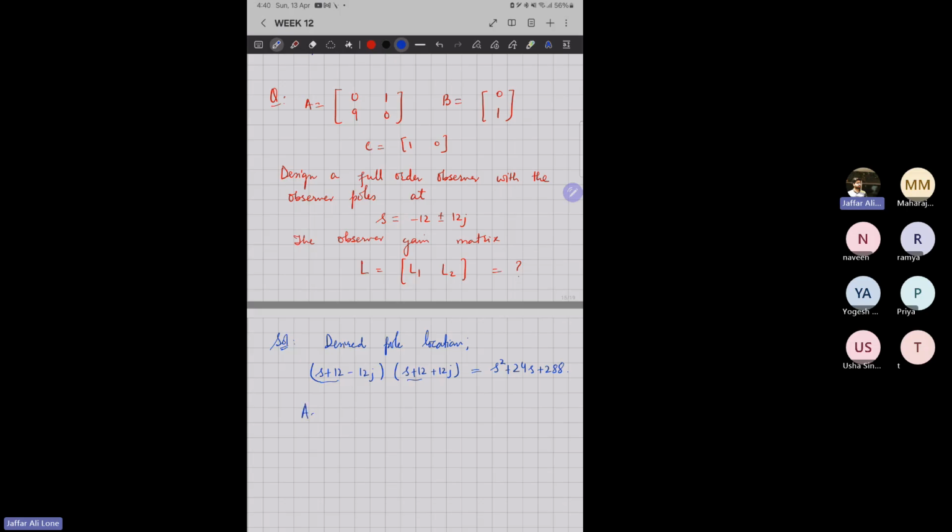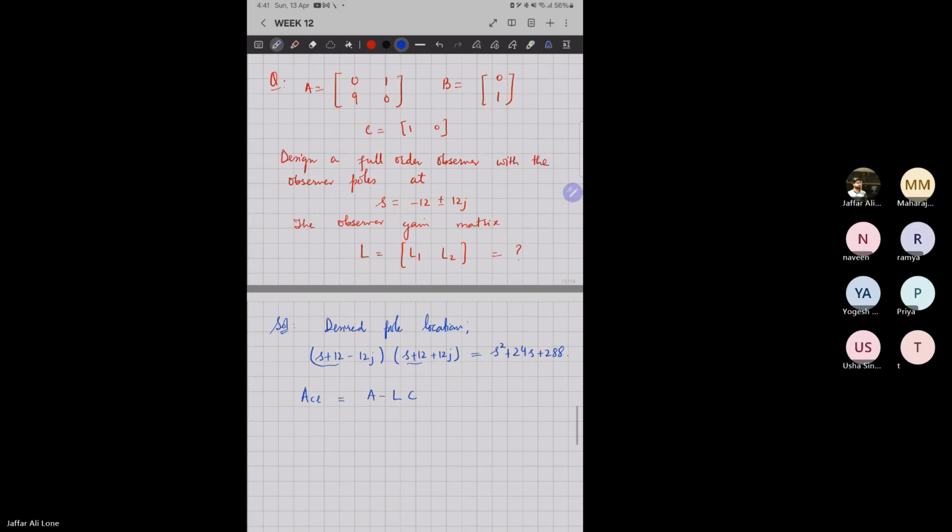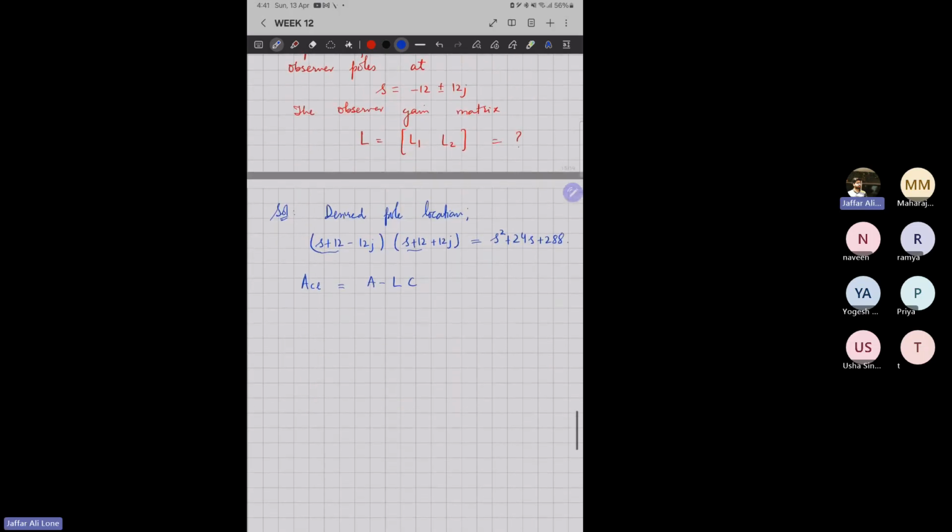Now the next step is to find the closed loop matrix, which here is A minus LC. Your C here is [1, 0], the dimension is 1 by 2. In order to have a compatible multiplication, the dimension of L should be 2 by 1.